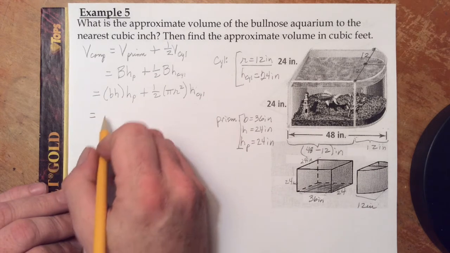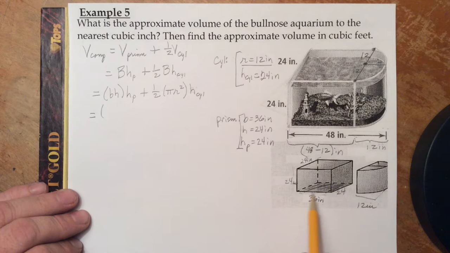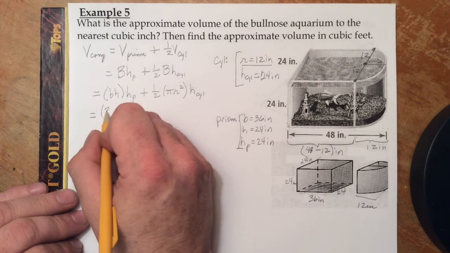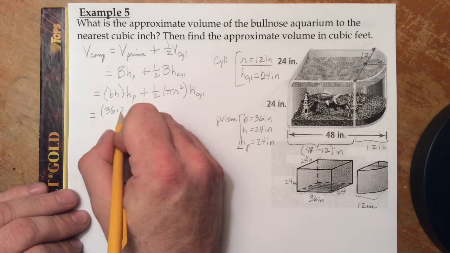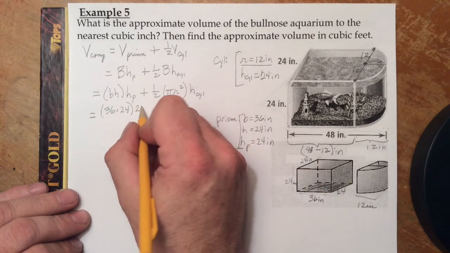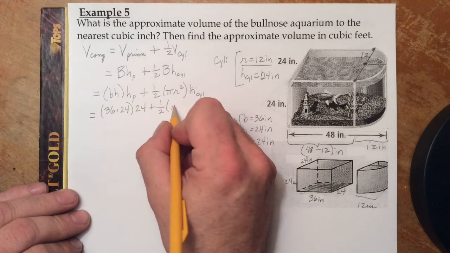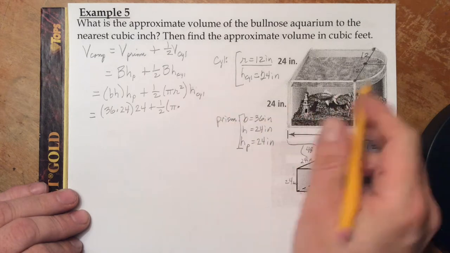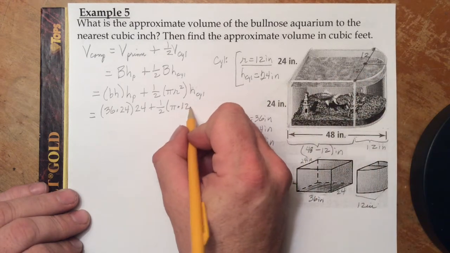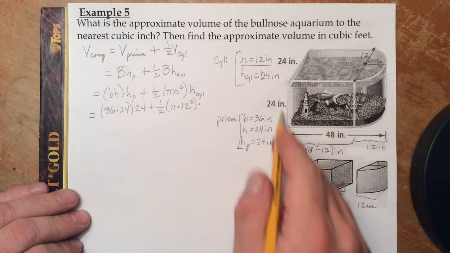Now we substitute in our values. Base times height, the base face of the prism, 36 times 24, times the height of the prism, which is also 24, plus 1/2 times pi times the radius, which is 12, squared, times the height of the cylinder, which is also 24.